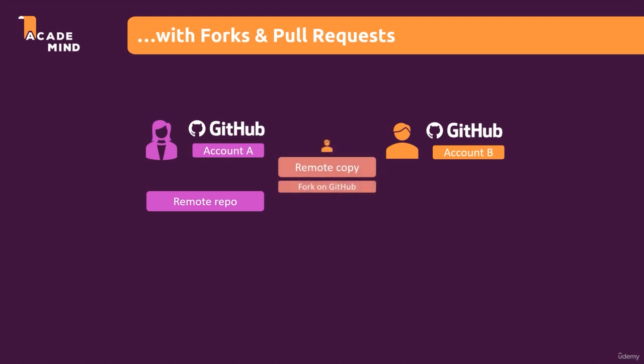Here, account B creates a so-called remote copy, a so-called fork on GitHub, and therefore copies the remote repository to his own account. So we have two remote repositories now. The initial one as part of account A and a full copy of that remote repository in the account of user B that I illustrated here.